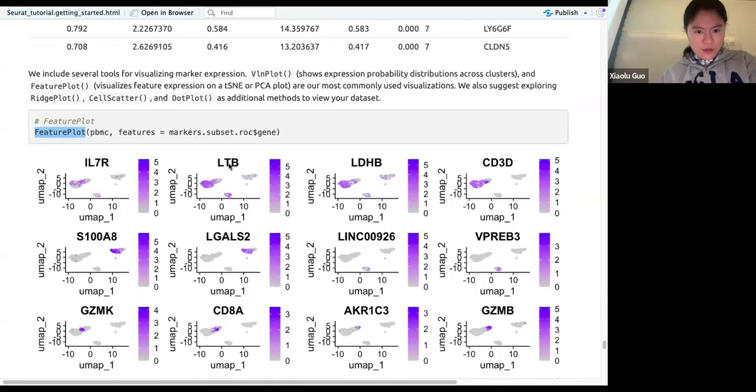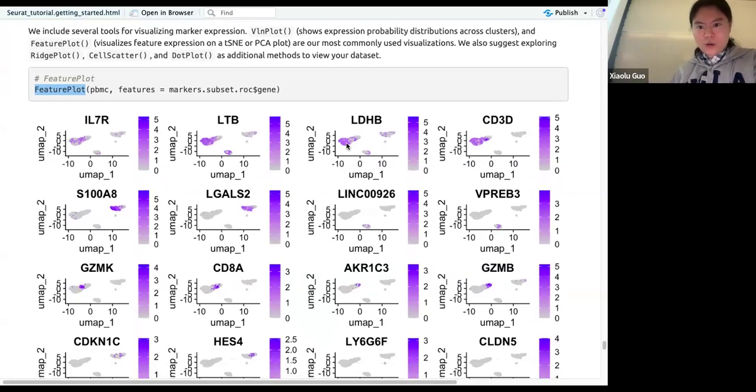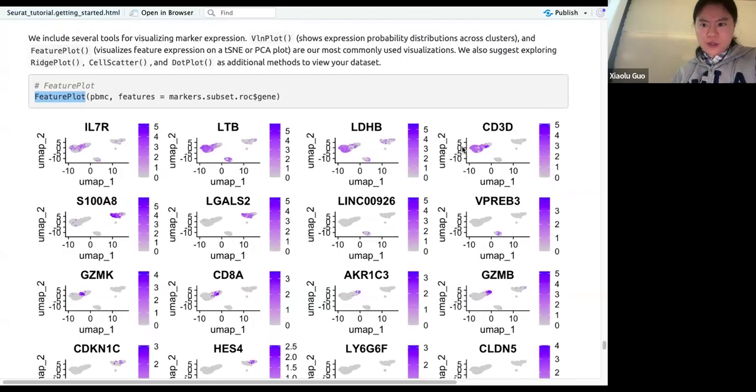This is a good marker for cluster 0. This one has some expression, but it seems to also have some in the other clusters, similar for this one. This seems to be for cluster 2, and this is for cluster 2. So this is for cluster 1.